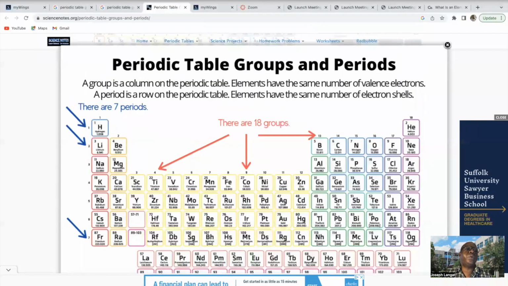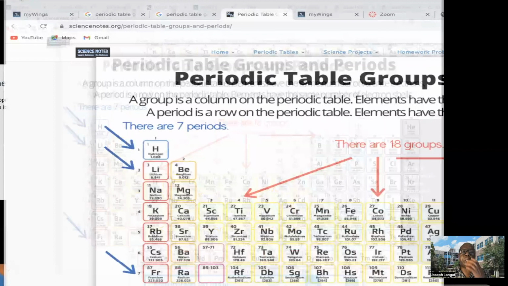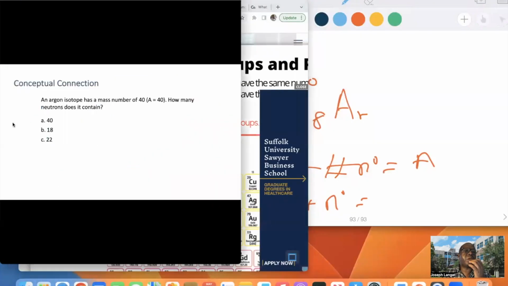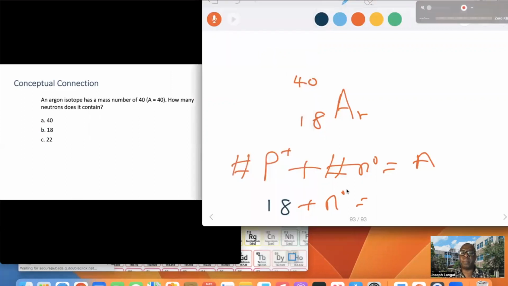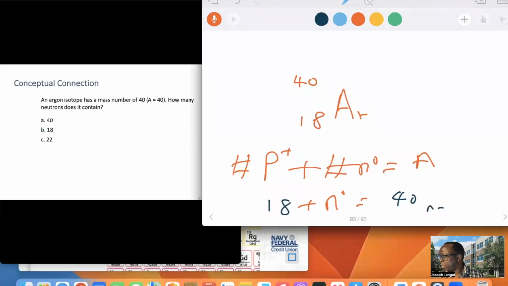This is what you will do with the periodic table: look at the chemical name or chemical symbol, and look at its position on the periodic table. Argon is number 18. That's where I got 18, so N is 40 minus 18.